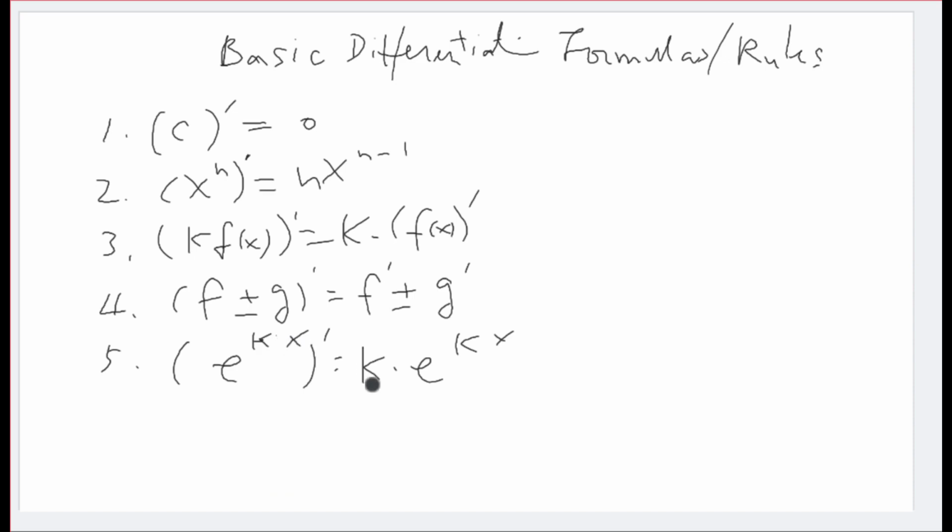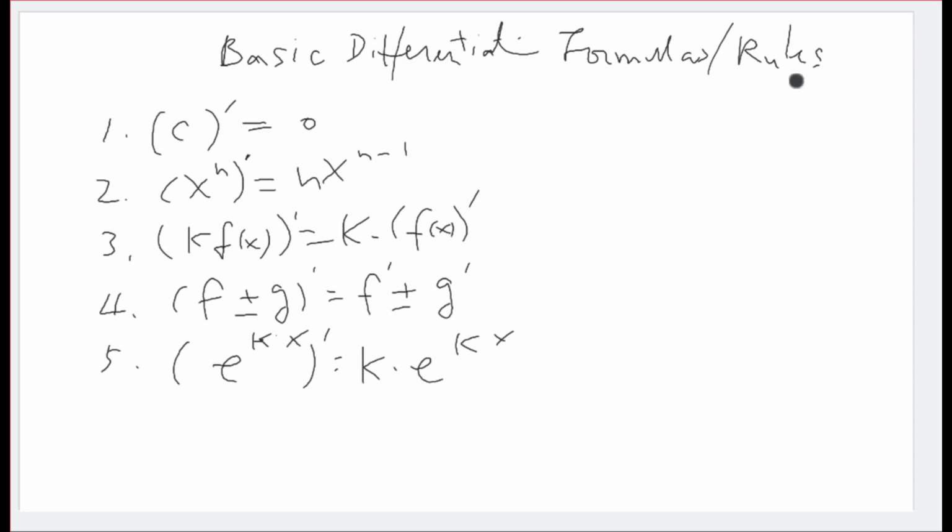The result says, well, you can have the k first, and then the exponential itself. It's kind of interesting, k times e to kx.